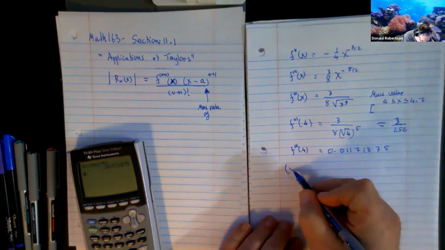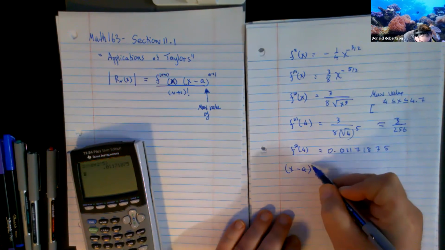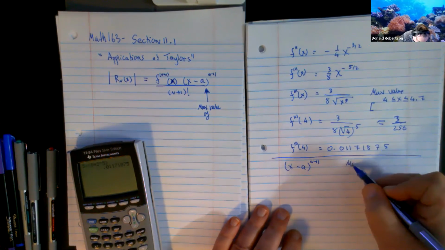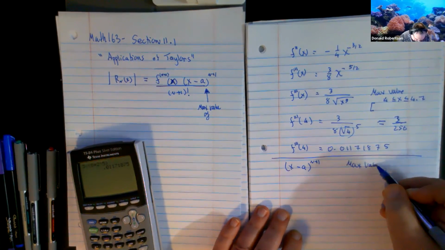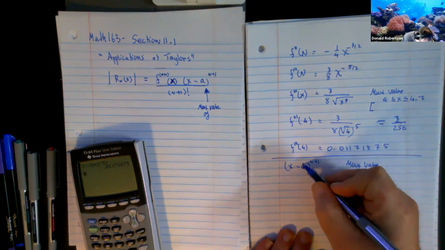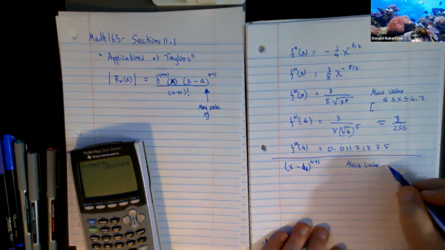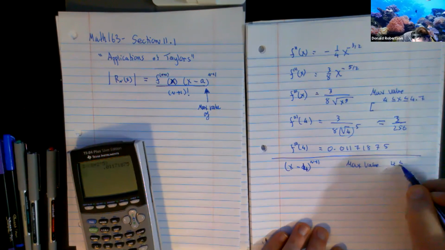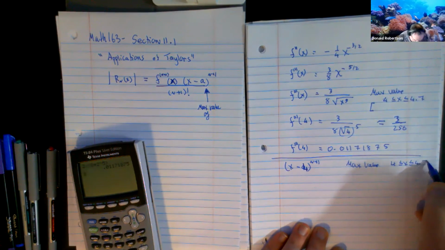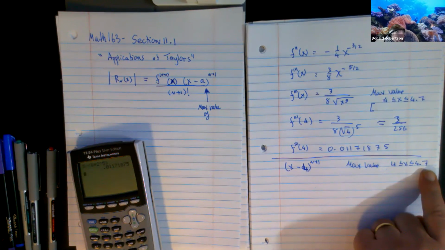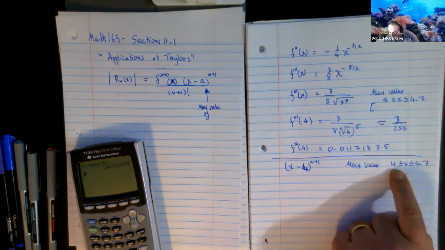Right, I've got an x minus a to the n plus 1 now. And I need to find out what its maximum value is going to be. And I should say a is 4 in this case. And what's the maximum value going to be? Well, same thing. Won't the maximum value happen at one of the two endpoints?